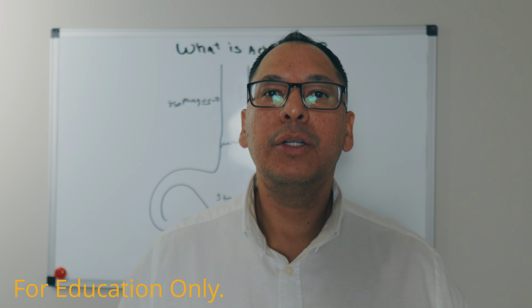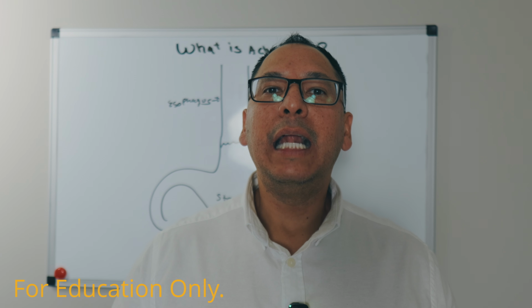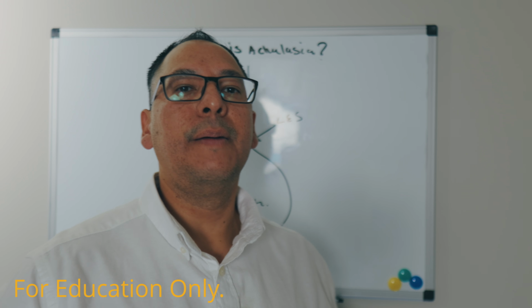Now, what is achalasia? Achalasia is the most common esophageal motor disorder. The etiology at this point is not clear, but it is thought that there is damage to the nerve cells in the esophagus. Therefore, the lower esophageal sphincter fails to dilate.